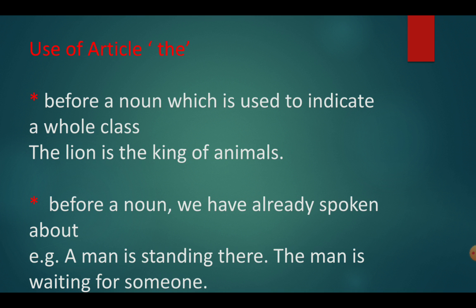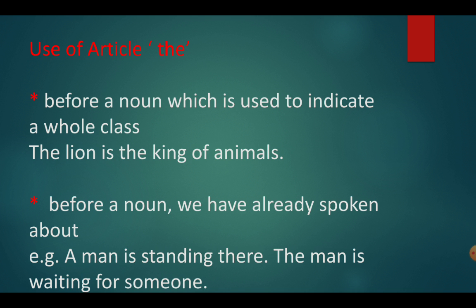Next, before a noun we have already spoken about. Any noun about which we have already spoken in our previous sentence. For example, a man is standing there. The man is waiting for someone. In the first sentence, we use a with man. Why? Because the first time we are telling about this man, a man is standing there. But when we are writing the second sentence, there we use the man.